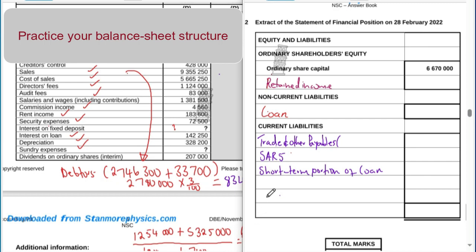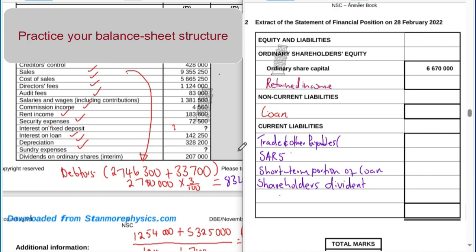And then as well as if ever our bank is not favorable, we can have bank overdraft. And then we'll have what again? Shareholders dividends.